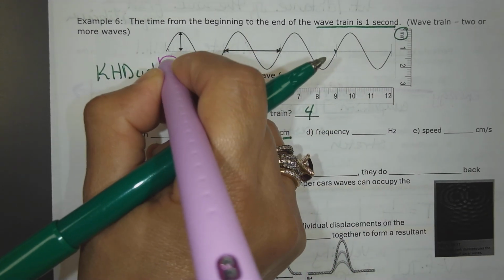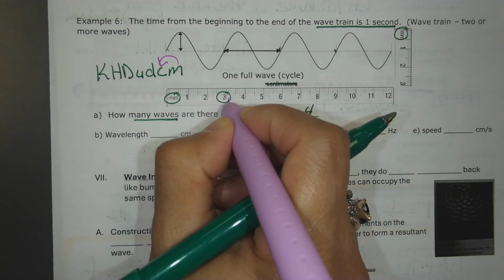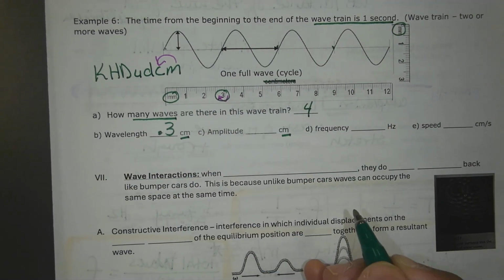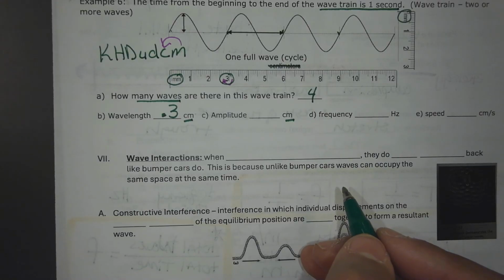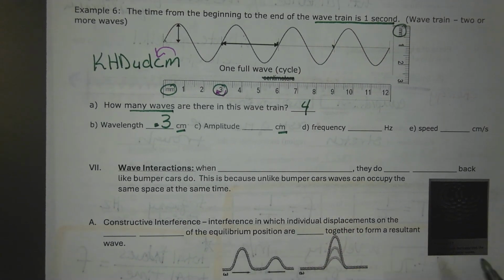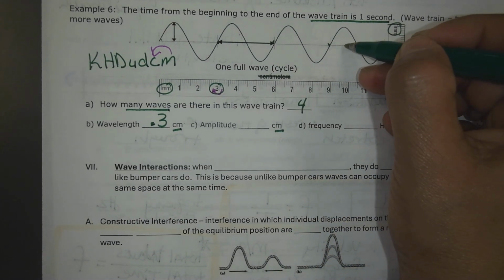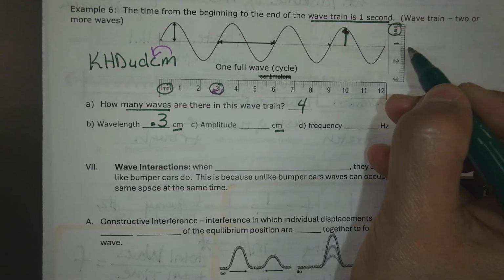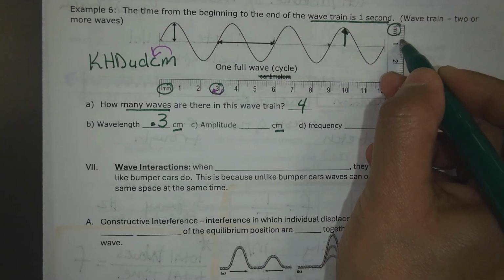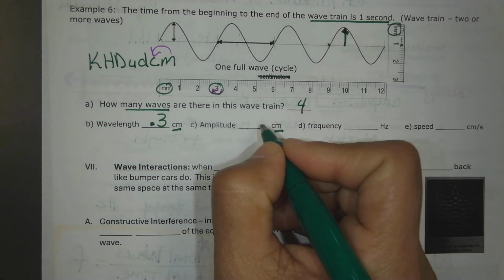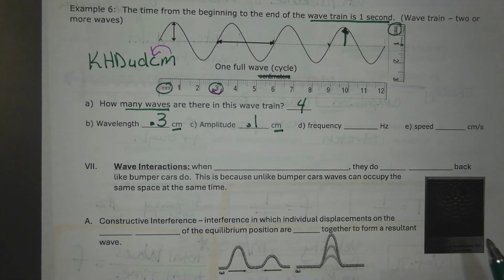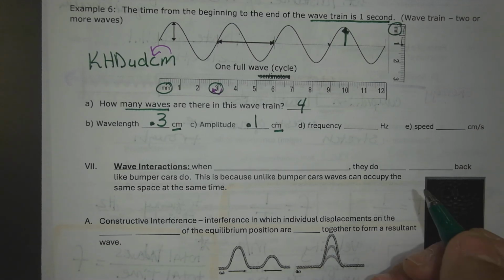Milli to centi, I've got to move the decimal place over one time, 0.3. Amplitude. Amplitude is how far from the equilibrium up it's going to go. So from here, 1 millimeter. Convert it, 0.1 centimeters. Oh, whoa.